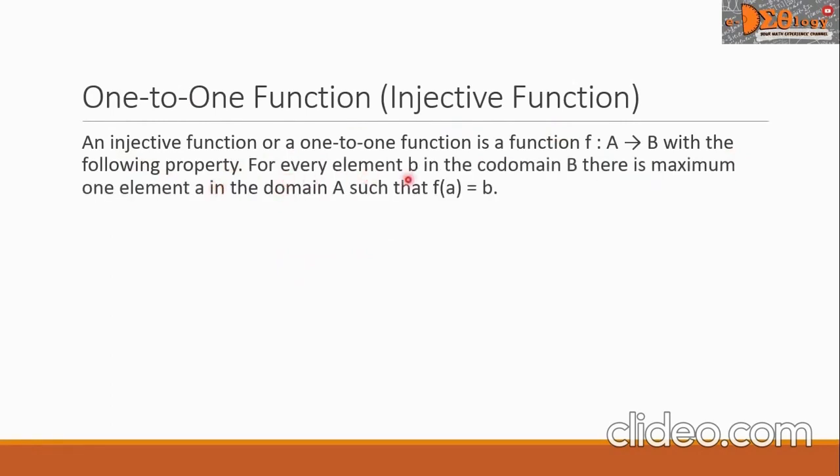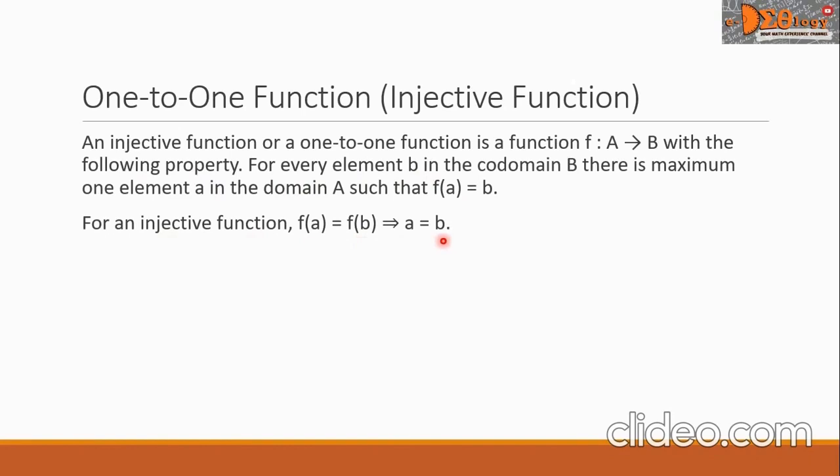For every element B in the codomain group B, there is maximum one element A in the domain group A such that f of A equals B. For an injective function, f of A equals f of B, and that means A equals B.